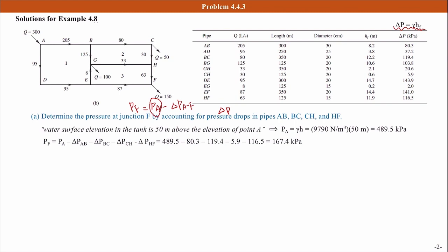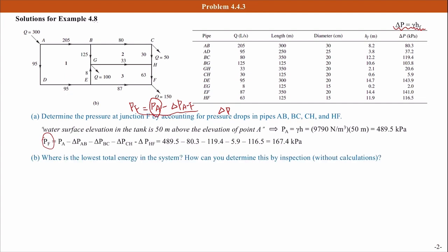So the pressure at point A equals the specific weight of water times the height. It equals 489.5 kilopascal. And then based on this equation, we can calculate the pressure at point F. It equals 167.4 kilopascal.